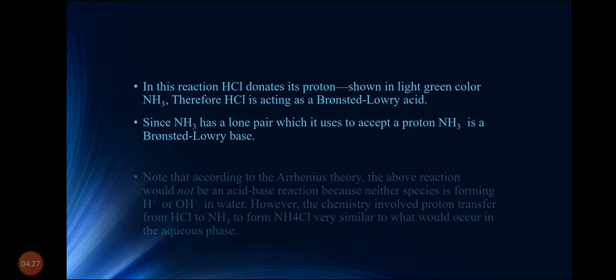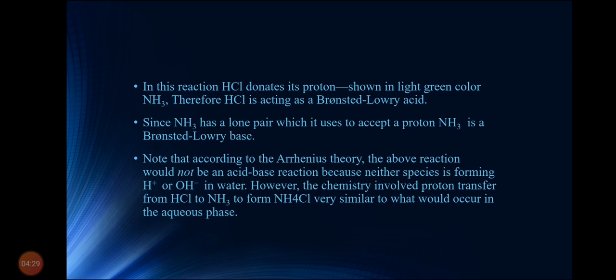Therefore, ammonia is a Bronsted-Lowry base. Remember students, according to Arrhenius theory, the above reaction would not be an acid-base reaction because neither species is forming H plus or OH minus ion in water. However, the chemistry involves proton transfer from HCl to ammonia, and they form ammonium chloride, that is NH4Cl.